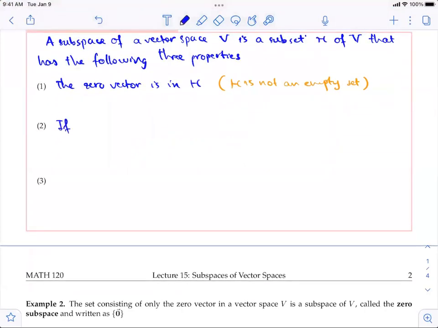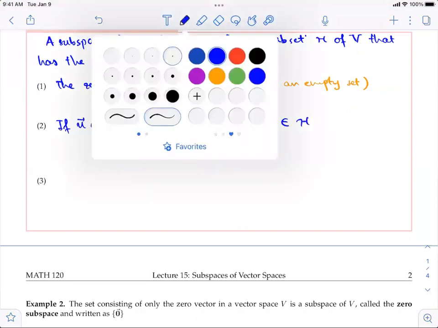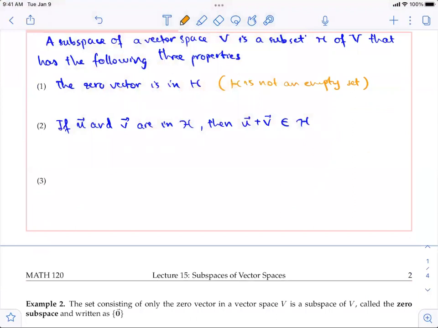The second condition is that if u and v are in H, then u plus v is also in H. This condition is to show that H is closed under vector addition.